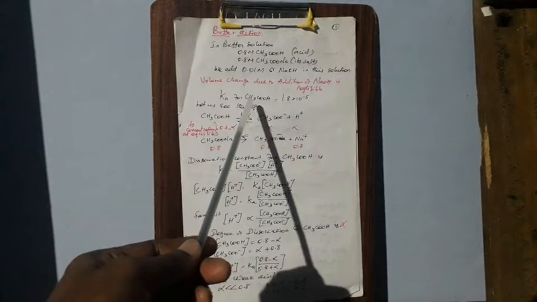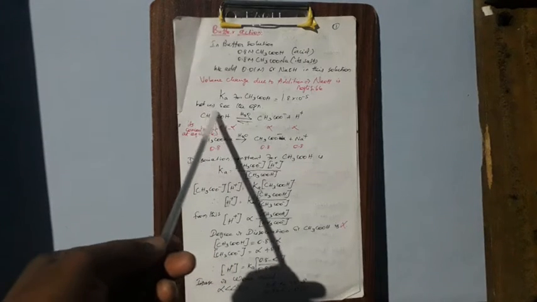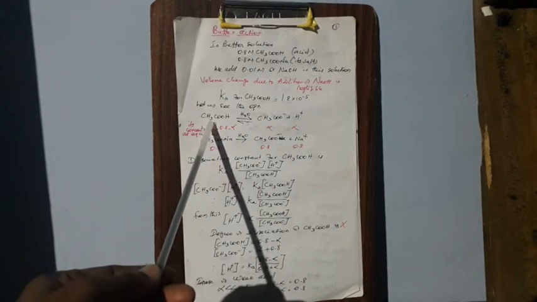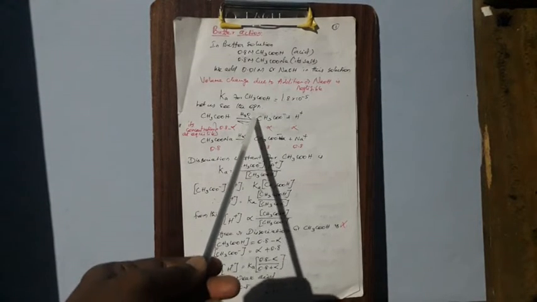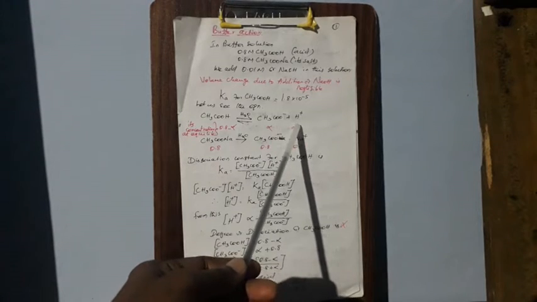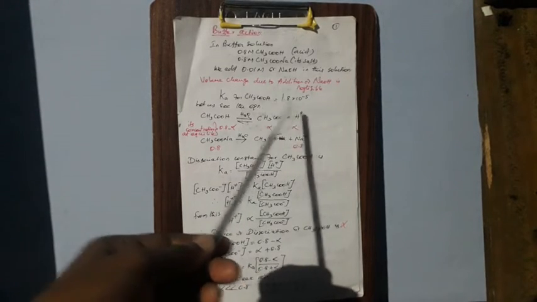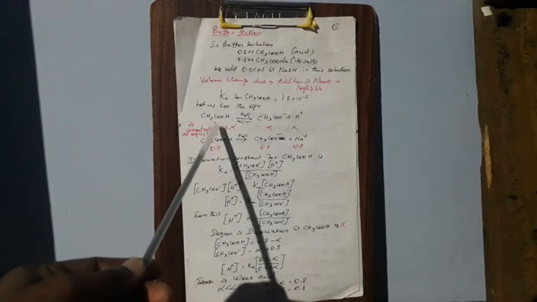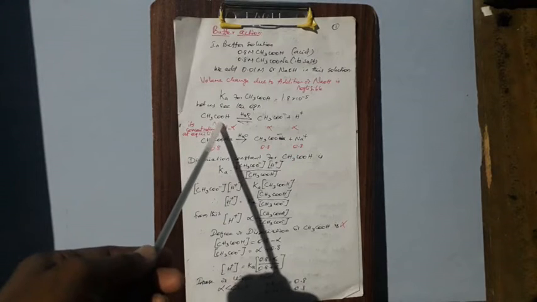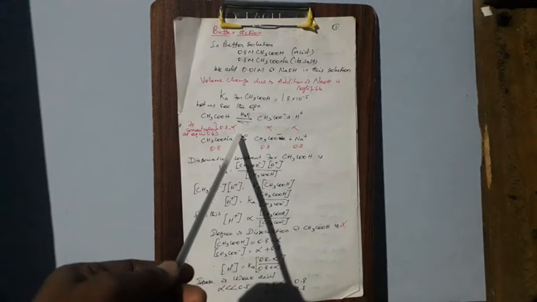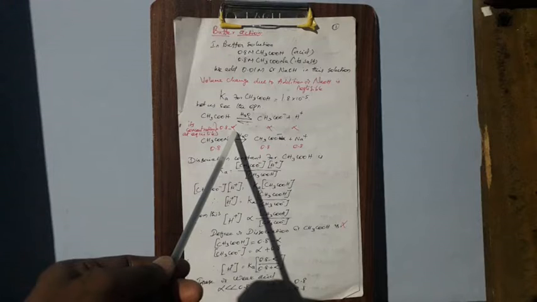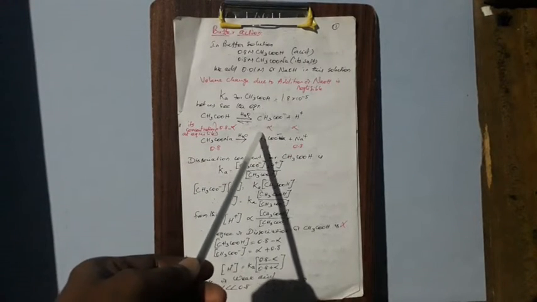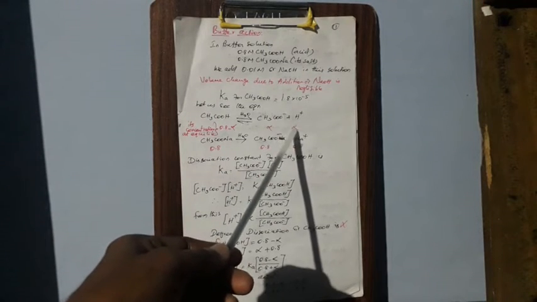This is already given in the question. Let us see the equation. CH3COOH in equilibrium with CH3COO minus plus H plus. Its concentration at equilibrium: for acetic acid 0.8 minus alpha, CH3COO minus ion alpha, H plus alpha.